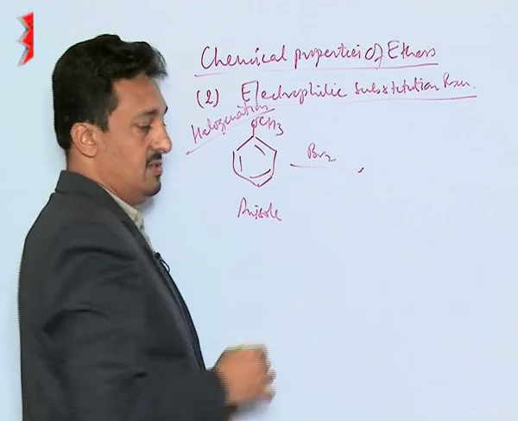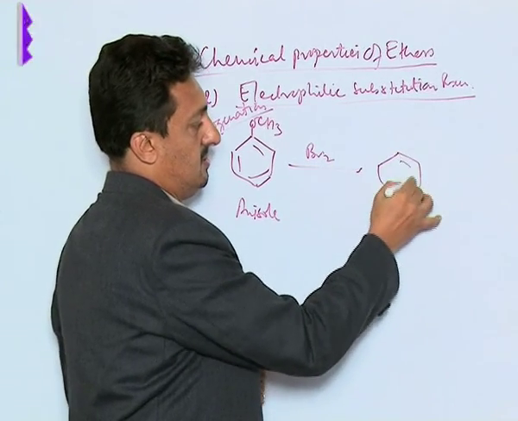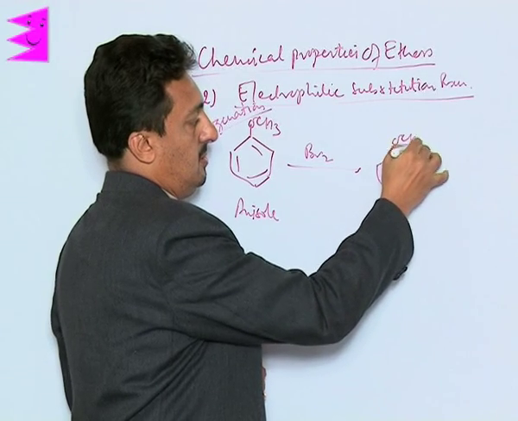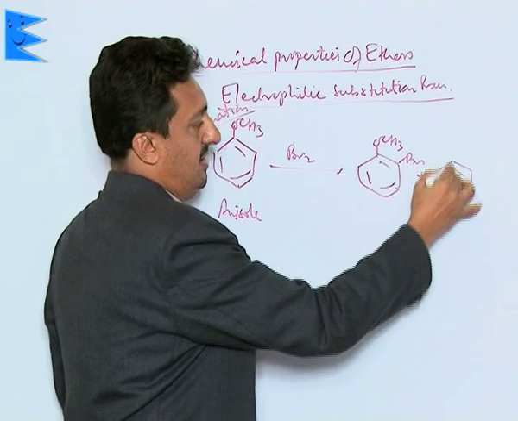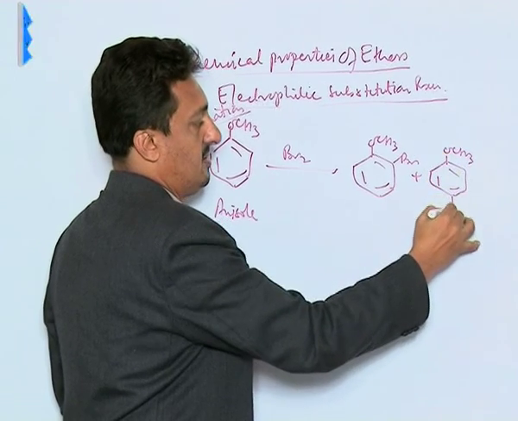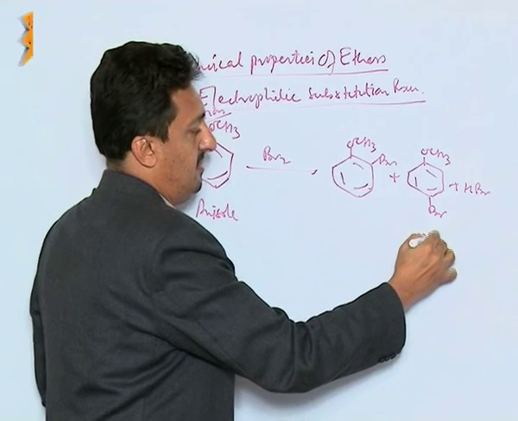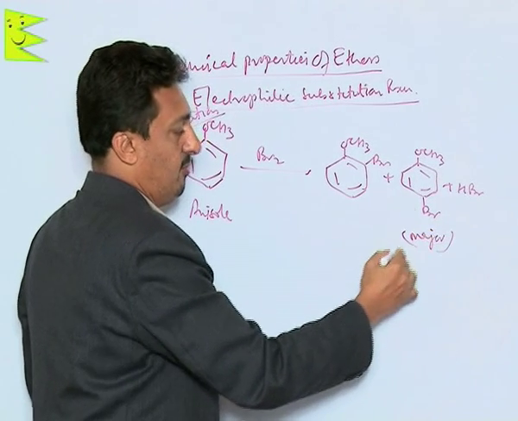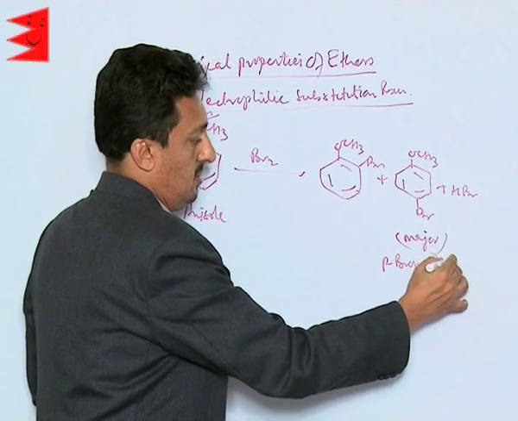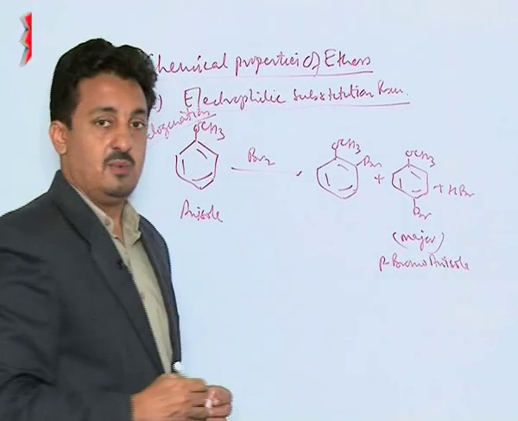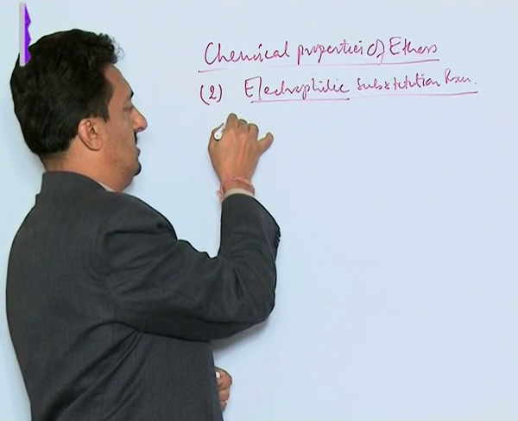When it is treated with bromine, what we get is ortho as well as para substituted product. The para one will be the major one, so it will be para bromoanisole. That's the one thing.